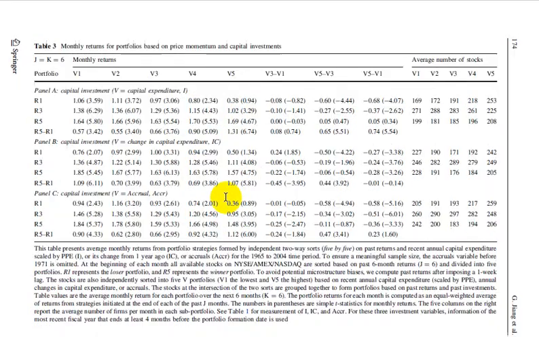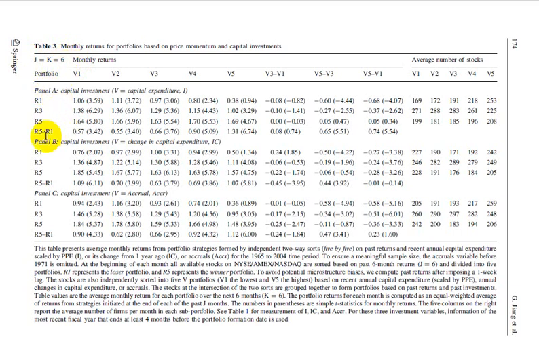And so next, to really drill into this, the authors are isolating the formation period and holding period of 6 months. So when forming the portfolios, they ranked the stocks based on their past 6-month returns, then formed portfolios and held them for the next 6 months and looked at the returns.